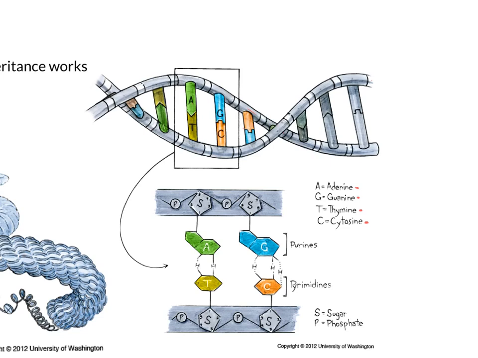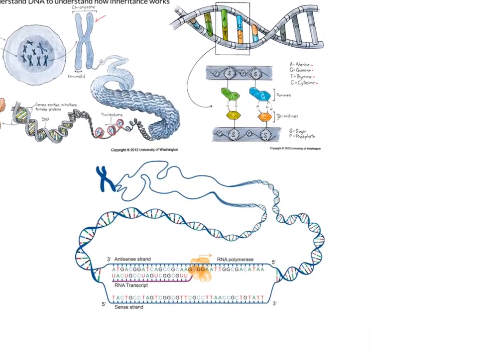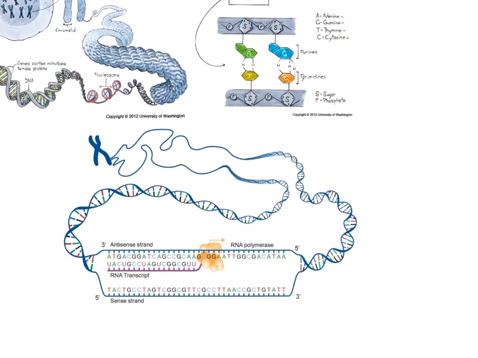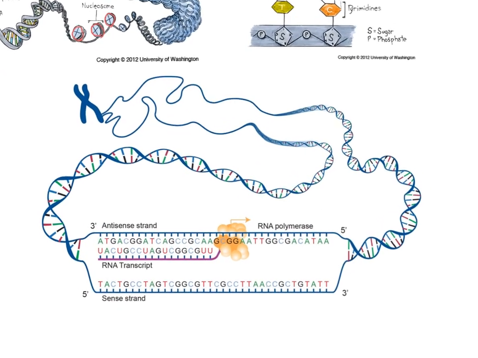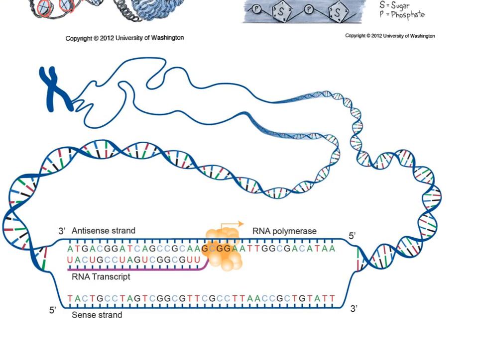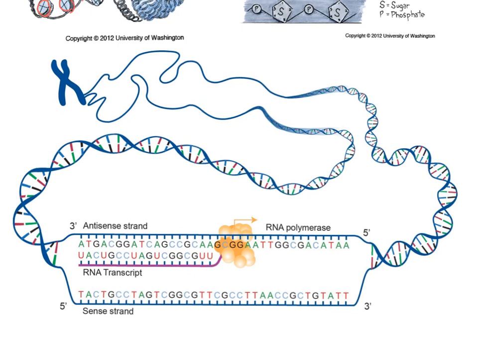But the important thing for us to move on to this week is more of an understanding of how DNA makes proteins. So DNA in our chromosomes contains genes, and genes are nothing more than a length of the DNA that ultimately is going to encode a protein.